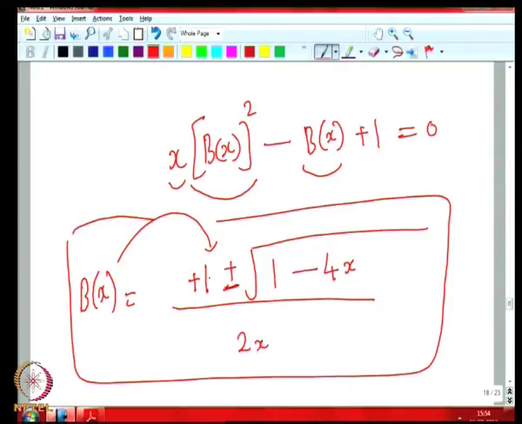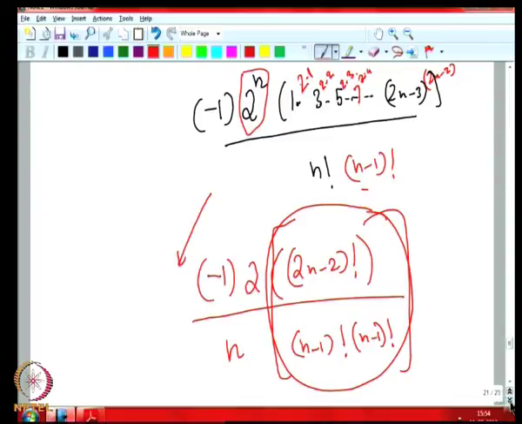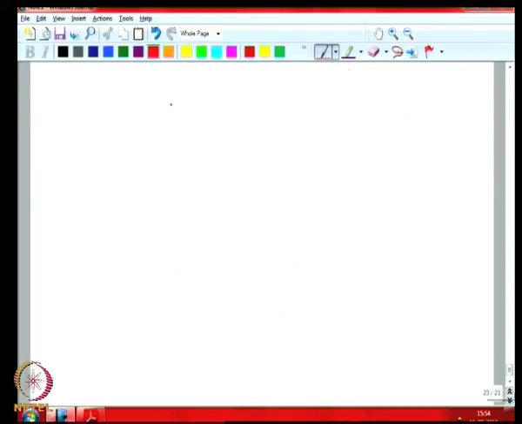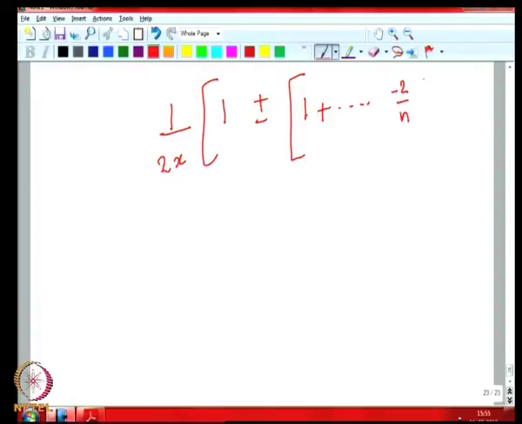So, we can try to write this entire thing now. This will look like this. So, we have a 1 by 2x and we have a 1 plus or minus, and the rest is 1 plus something. The x raised to n's term is minus 2 by n into 2n minus 2 choose n minus 1 into x raised to n and so on.